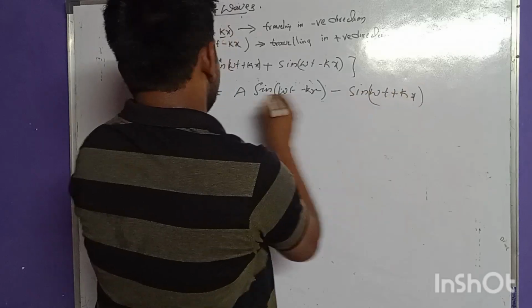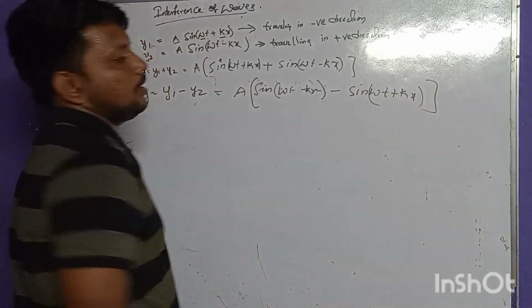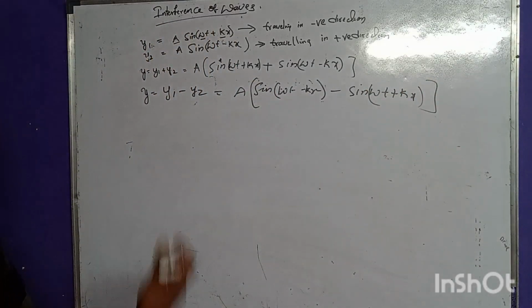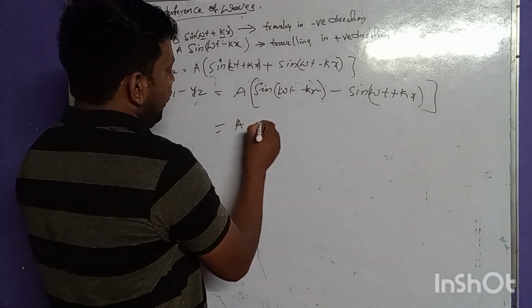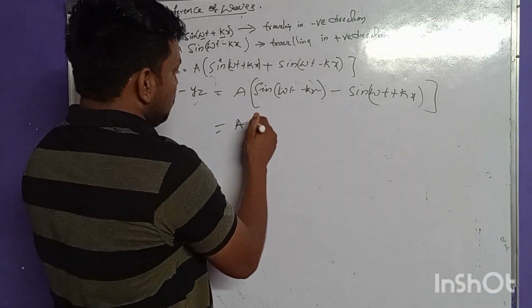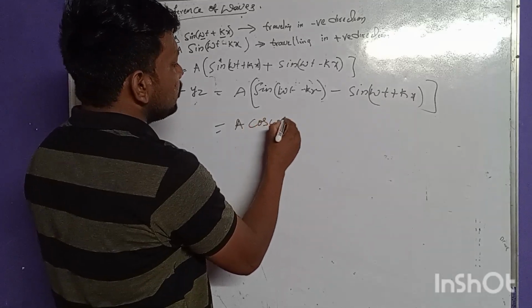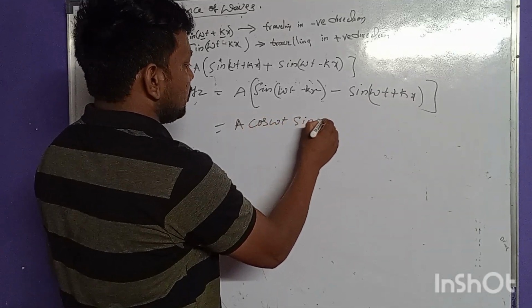Using sin A minus sin B is equal to 2 cos((A+B)/2) sin((A−B)/2), we get cos omega t sin kx.